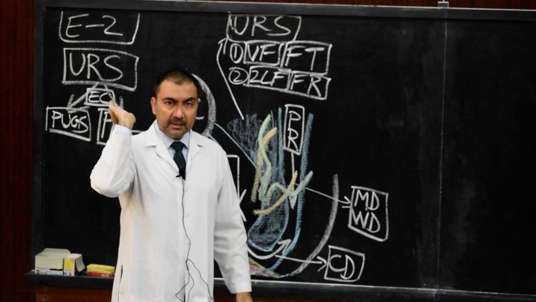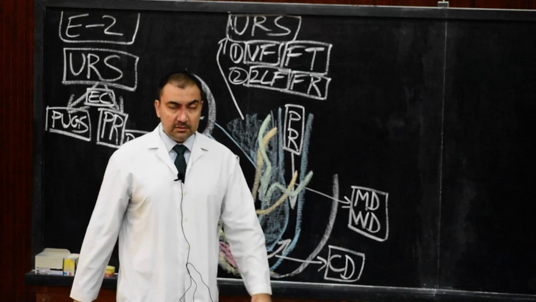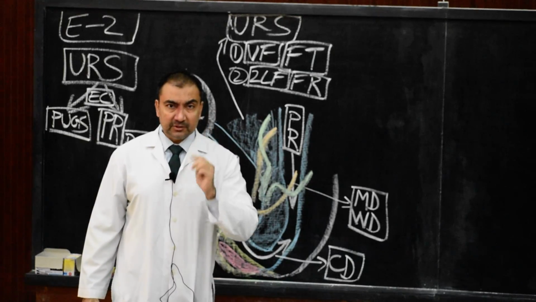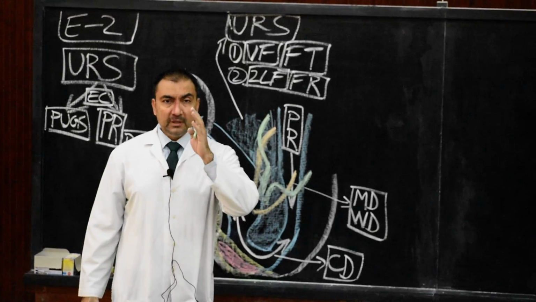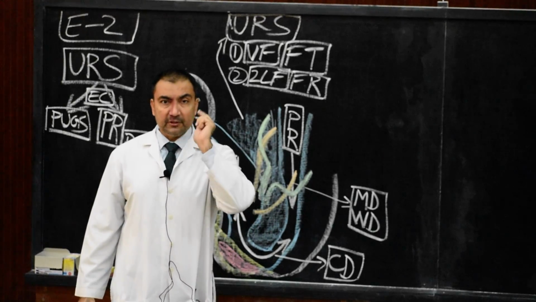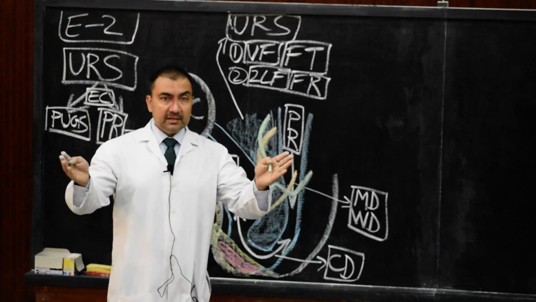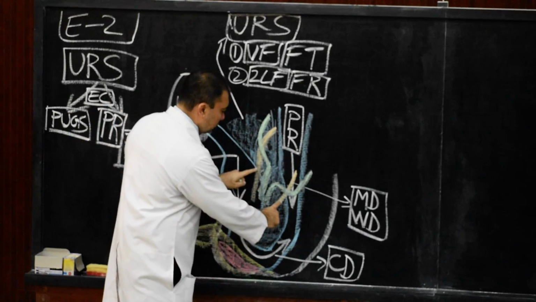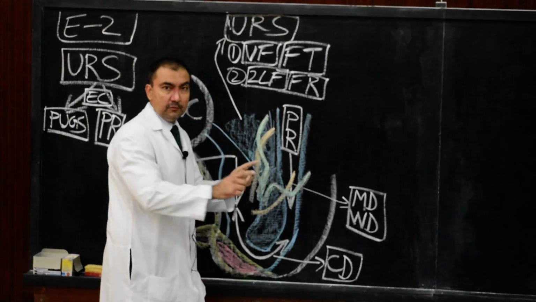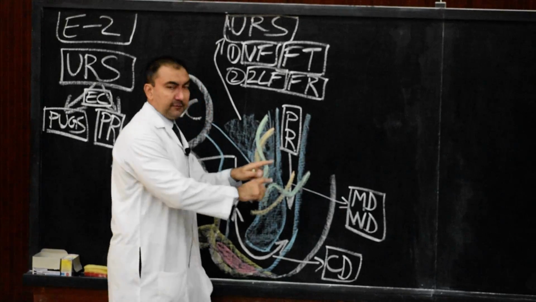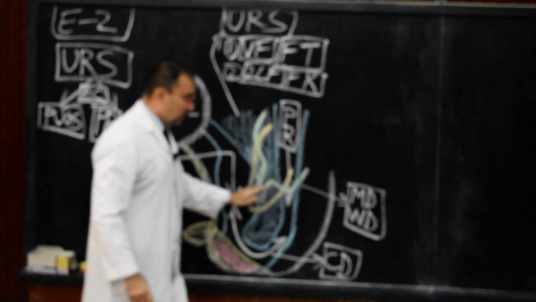In the urorectal septum, the following structures are present: a pair of Mullerian ducts, that is paramesonephric ducts, and a pair of Wolffian ducts, that is mesonephric ducts. What is the arrangement? Laterally, there will be two mesonephric ducts which are called Wolffian ducts, and medially there will be two paramesonephric ducts which are called Mullerian ducts.